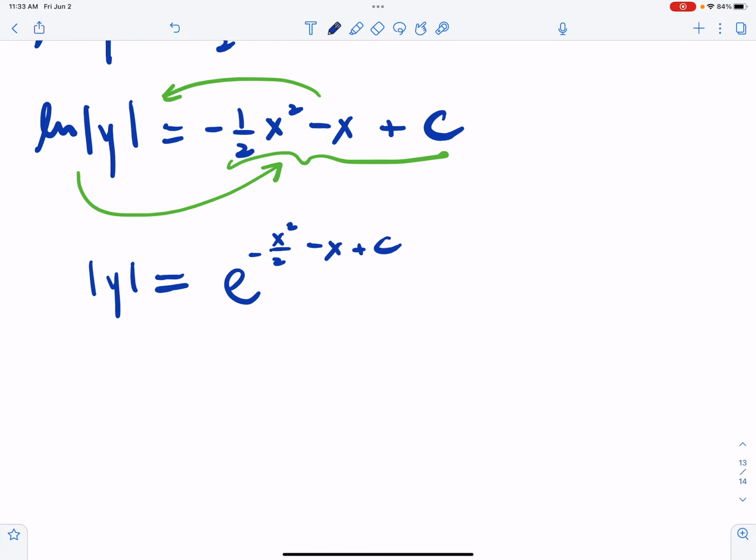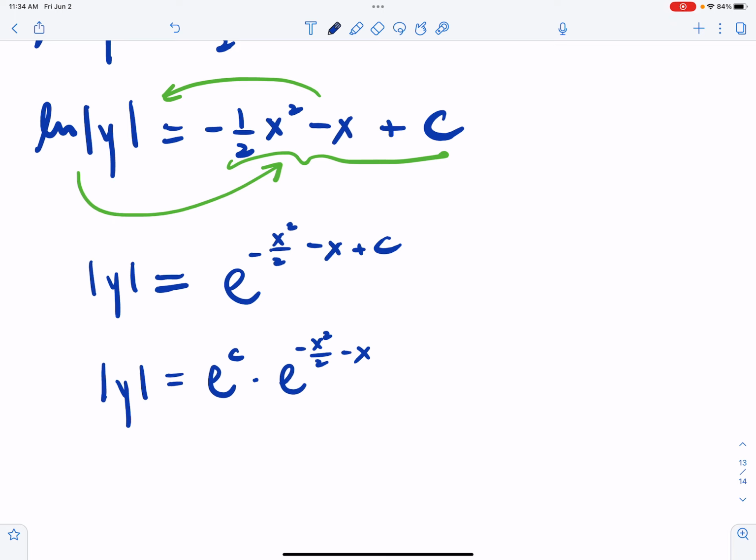And then to split this up so that we can get that constant out of the exponent position, that would be e to the c times e to the negative x squared over 2 minus x.